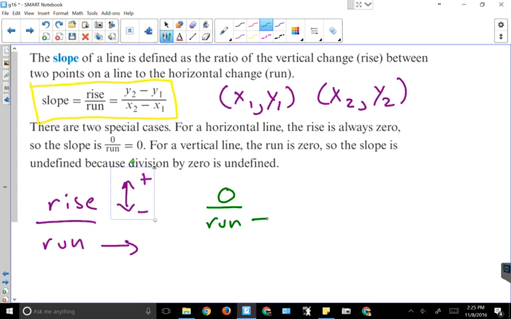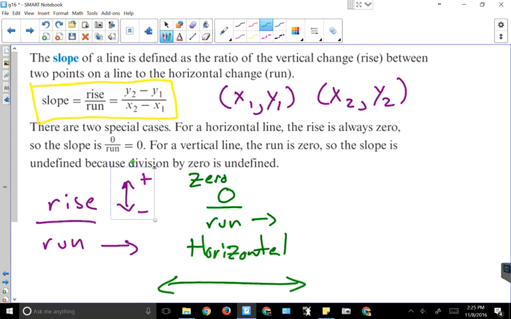So my run is going this way, but I'm not going up at all. What kind of a line would I have? Horizontal line, going like this. Yes. Now the slope here would be identified as a 0 slope.